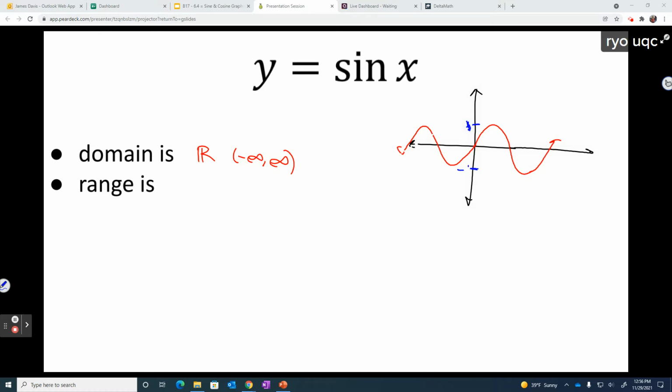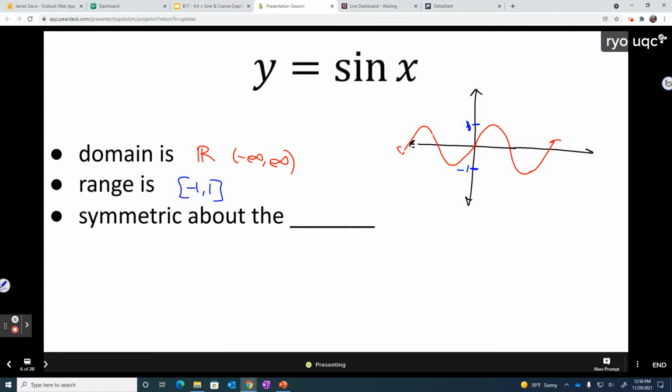And then the lowest is negative 1. So the range is negative 1 to 1. We can modify that by adding numbers, but for the parent function, it goes up to 1, touches it, and down to negative 1, touches it, so we use the brackets.